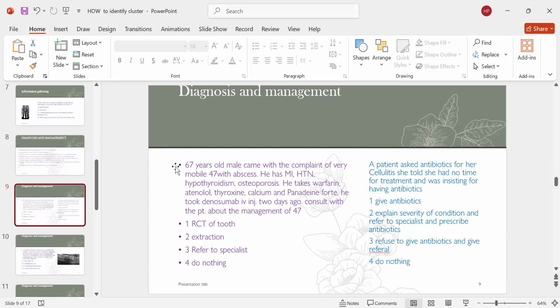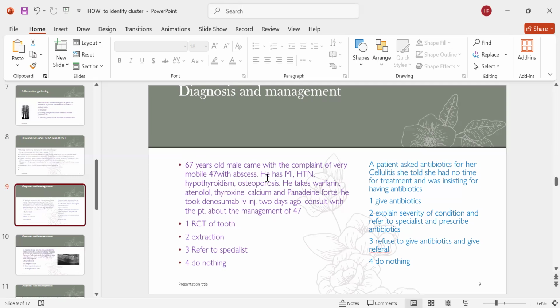There is a 67-year-old male complaining of a mobile tooth with an abscess. What medical conditions is the patient having? History of MI, hypothyroidism. There is osteoporosis. The patient is taking warfarin, thyroxine, calcium, and denosumab.